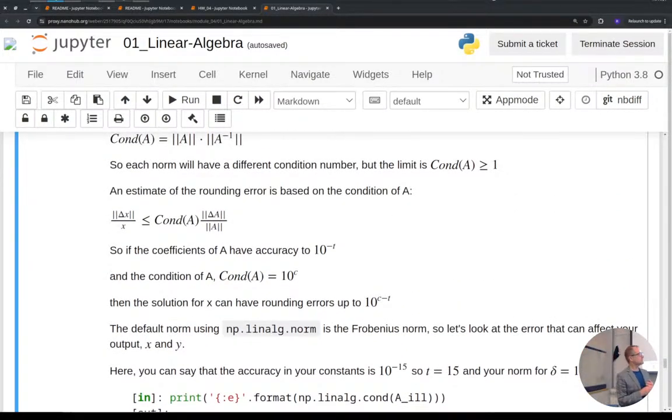Roughly this is the limit to how well a computer can solve a problem: delta x, where x is the answer that I'm trying to get, the amount of error I'm going to get in that vector could be as much as the condition number times how well I can store that matrix.